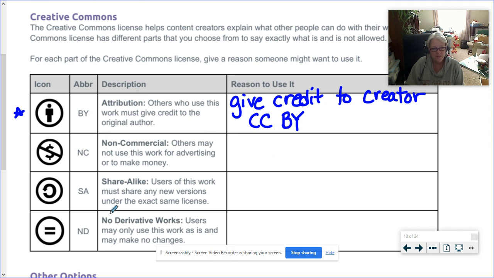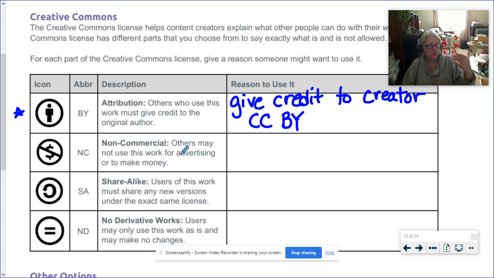Then you have these three, which are different, and you can use these in different combinations depending on what whoever created it wanted to do. This icon makes sense: a dollar sign with a slash through it. Non-commercial, NC. Others can't use this work for advertising or to make money.